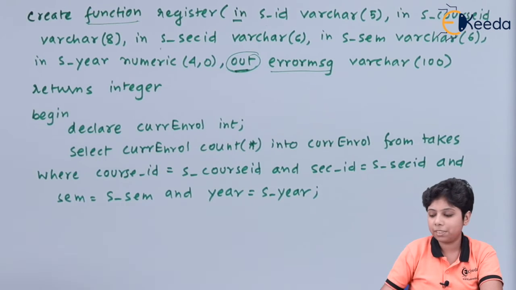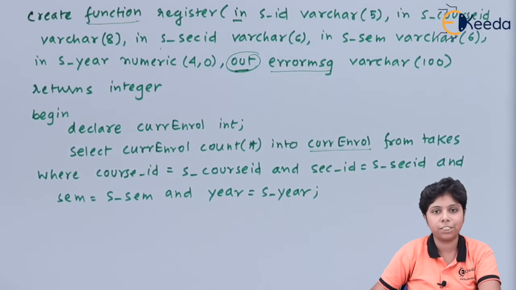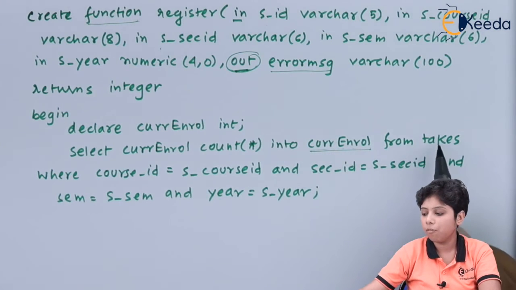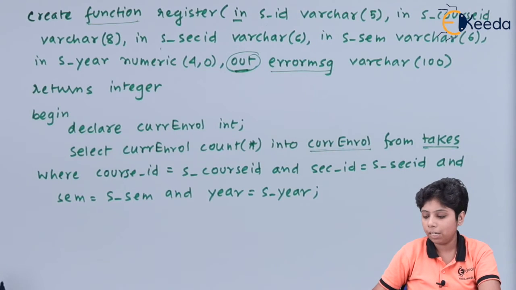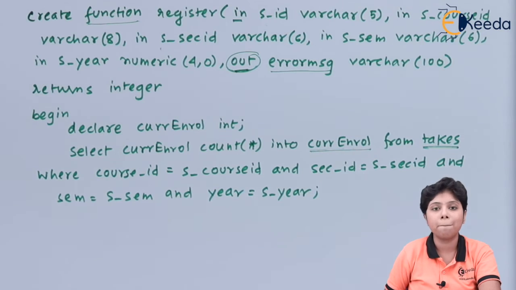Now I am selecting the count of tuples into the current enroll integer from the takes relation, where the course ID, section ID, semester and year match the student's information.